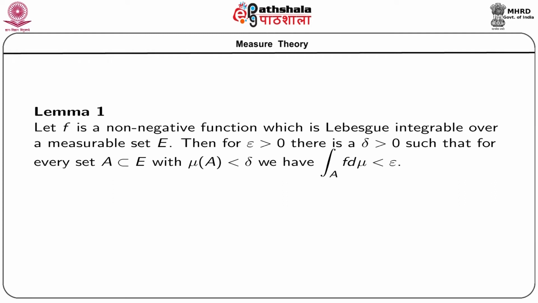So, in other words, given epsilon greater than 0, I can choose a delta greater than 0 such that whenever we take a measurable subset of E whose measure is less than delta, the value of the integral of f over the set A becomes arbitrarily small, that is, it becomes less than epsilon.